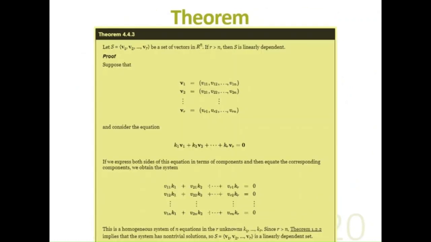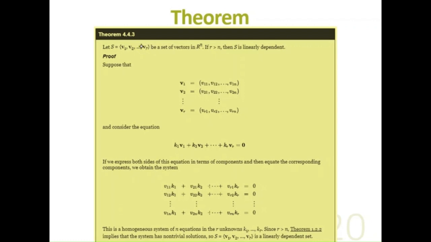I have one more theorem that I wanted to introduce for this section, and that is theorem 4.4.3. This says, let S be a set of vectors in Rn. If r is greater than n, then S is linearly dependent. Well, what does that mean? If you notice carefully with the notation, you've got S as a set of vectors, V1, V2, all the way through Vr.